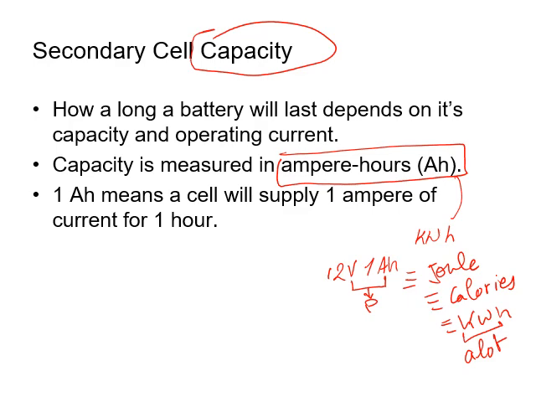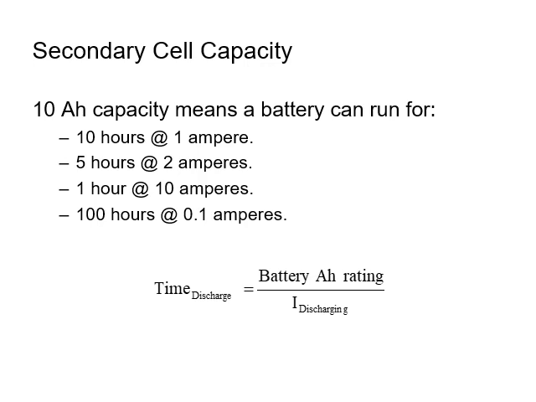That's why they choose to make it in amp hours. So 1 amp hour means it would supply 1 ampere of current for an hour, and then it's going to die. So a 10 amp hour capacity means it's going to run for 10 hours at 1 ampere, 5 hours at 2 amperes, 1 hour for 10 amps, and 100 hours for 0.1 amp.